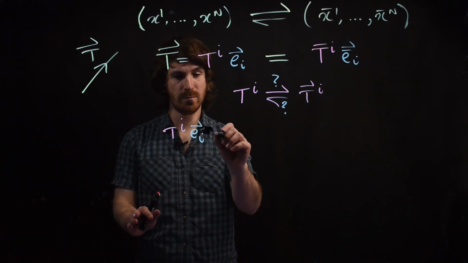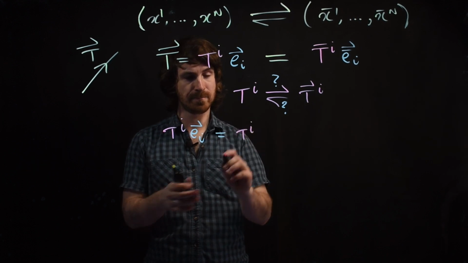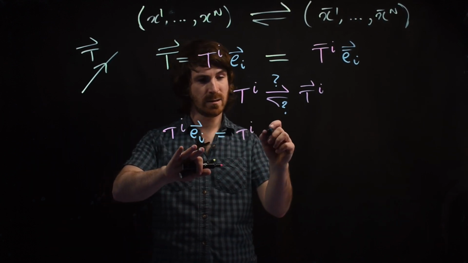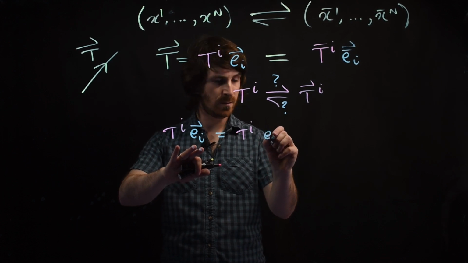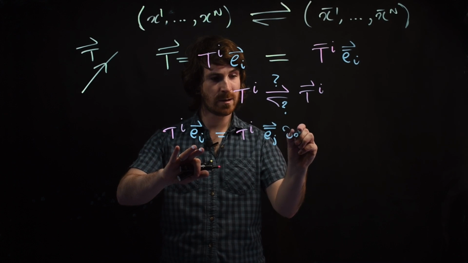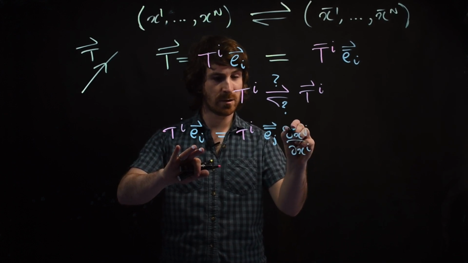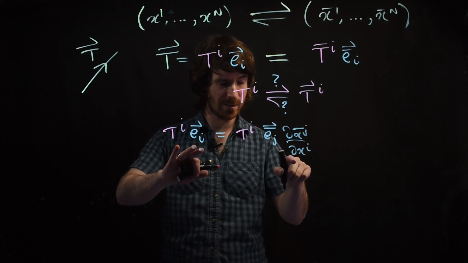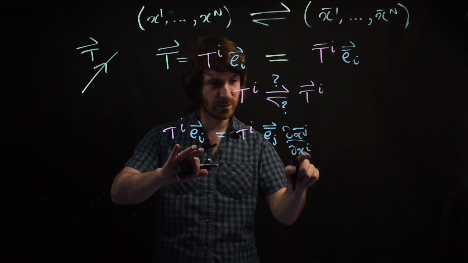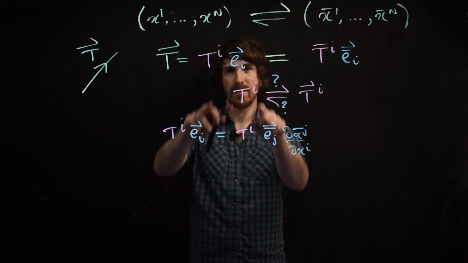As we've just seen, e i is equal to e j bar times dx j by dx i, which is an inverse Jacobian matrix element. So that's the left-hand side.